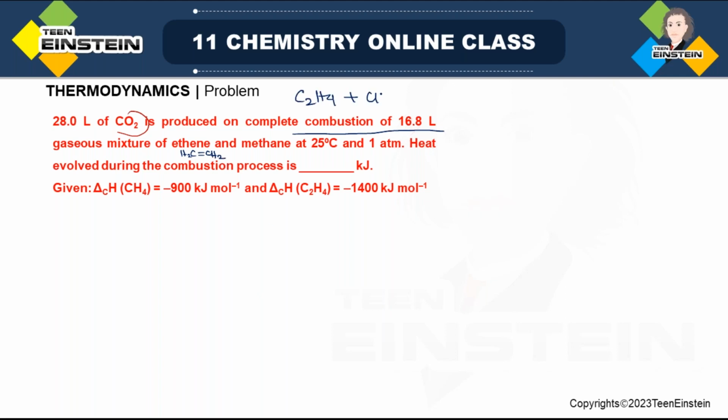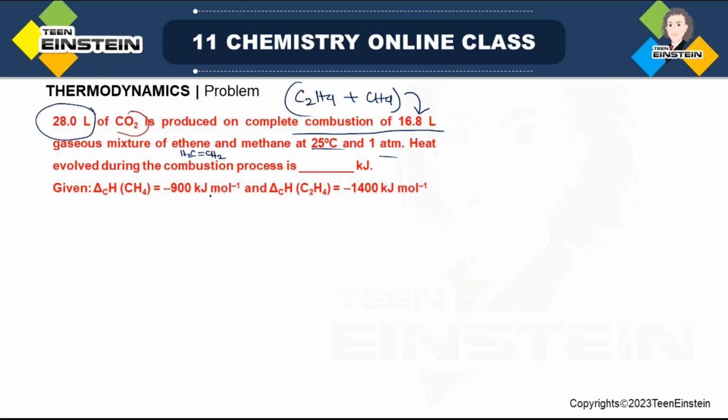And we have also methane. Total volume is 16.8 liter. We do not know the individual volumes. The total volume is given, and from this total volume, after combustion, this is the amount of CO2 we are getting. So this 28 liter CO2 you are getting from both of these hydrocarbons. This is the total amount of CO2, because CO2 will be generated in both cases.